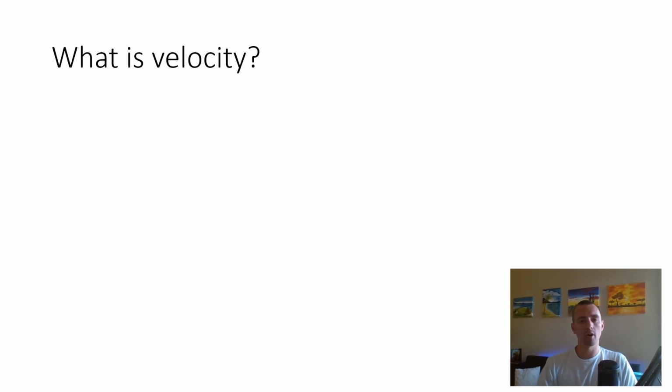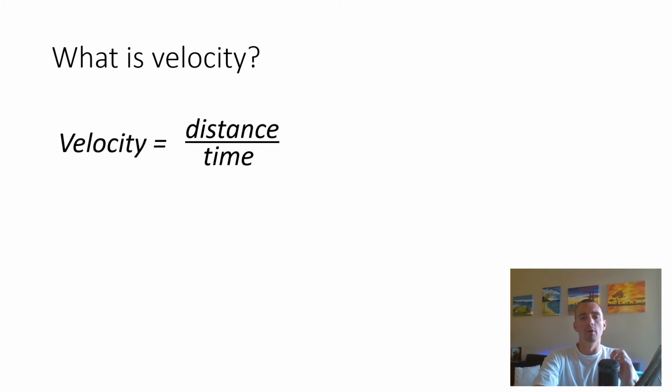To figure out what that average velocity formula is, first think about what velocity is in general. Velocity is basically a synonym for speed. Speed and velocity are kind of the same idea, especially in calculus. But velocity or speed is just distance over time: the distance an object travels divided by the time it takes to travel that far.